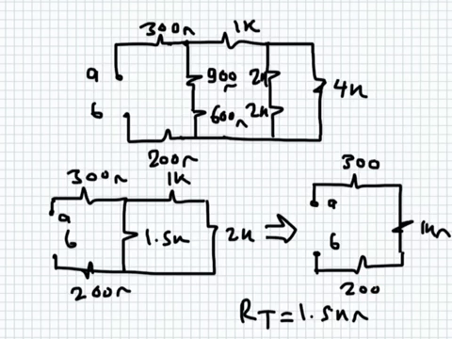So the total resistance seen from between terminals A and B, which we call RT, or R input, or R equivalent, they are all the same, is 1.5 kilo ohm. Okay, and the numbers in this example were particularly nice. The parallel combination gave us round numbers.